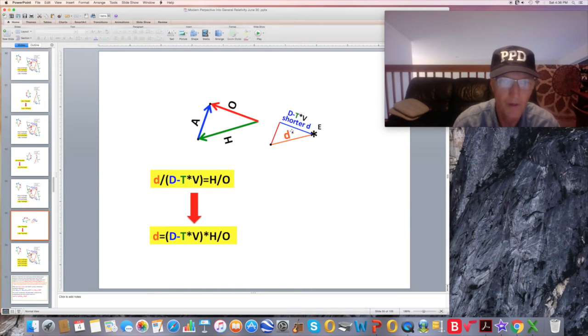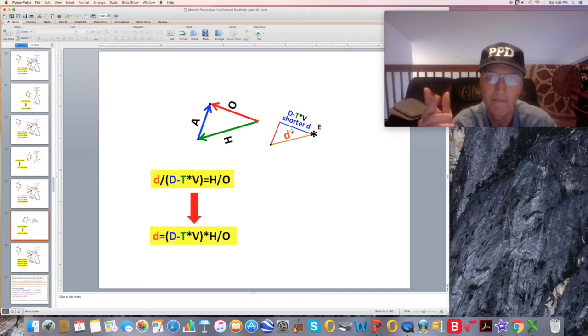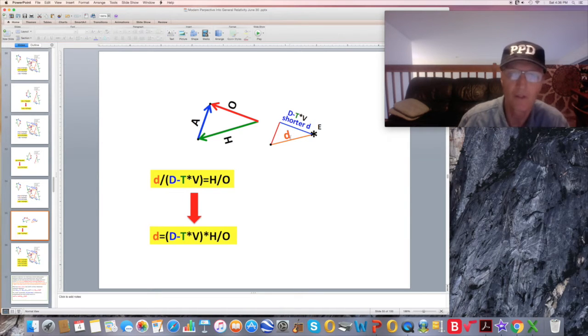So now let's solve it. What we want is h over O, and we see that h corresponds to d, the small orange d, and O corresponds to the big blue D minus the big green T times v, the one on the top there.